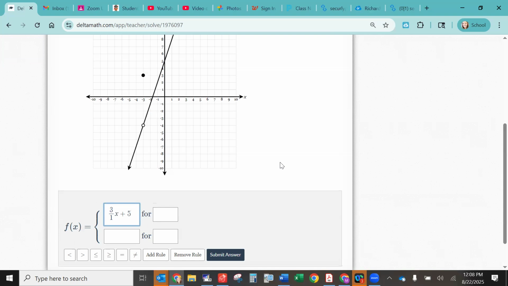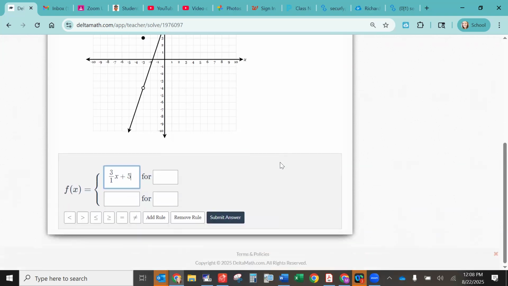So 3x plus 5. And then where am I using that line? Everywhere except where? At this open circle, -3. I'm not going to map there. So you're going to put x not equal to -3. So it should look like that.